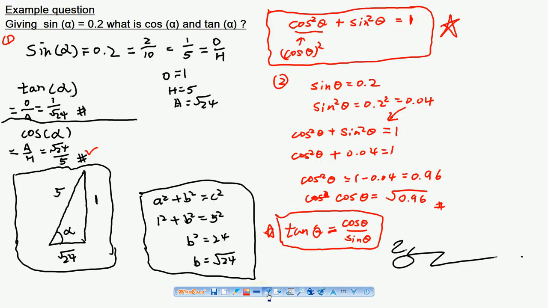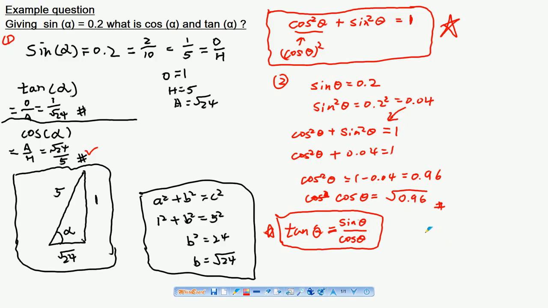Sorry, I said it the wrong way around. Tangent of an angle is the sine of the angle divided by the cosine of the angle.